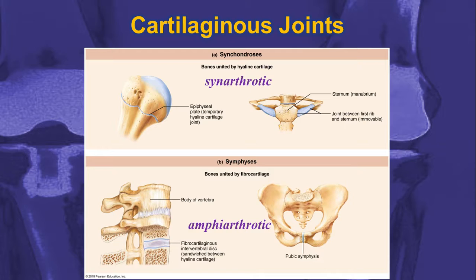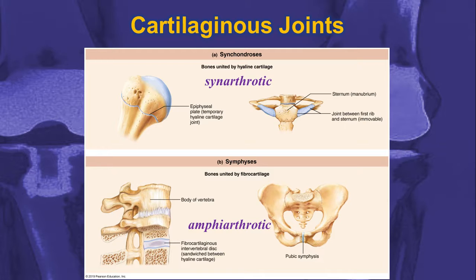Okay, but then we also have cartilaginous joints that are made out of fibrocartilage. Where do you find fibrocartilage? In your vertebrae and in your pubic symphysis, okay? They're made to withstand lots of shock, and they allow some movement, so they are amphiarthrotic.